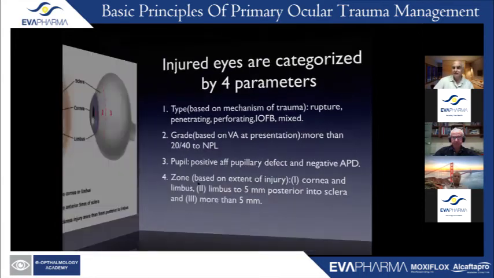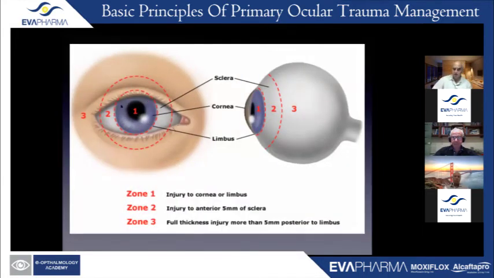The zones are classified as follows. If you have a corneal injury only up to the limbus, you say this is a zone 1 injury. If it extends 5 millimeters into the sclera, you say you have a zone 2 injury, and zone 3 is a full thickness injury more than 5 millimeters posterior to the limbus.